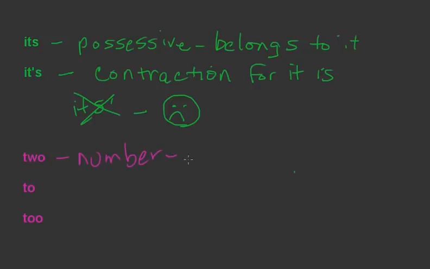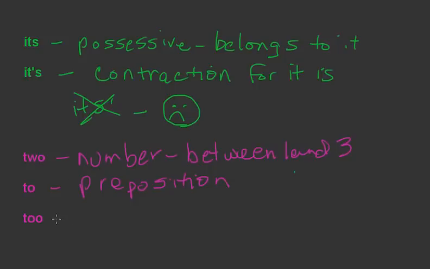And it's the one between 1 and 3. This one is a preposition. And it's something like go to the store, go to school, give it to me, and it's used as a preposition.